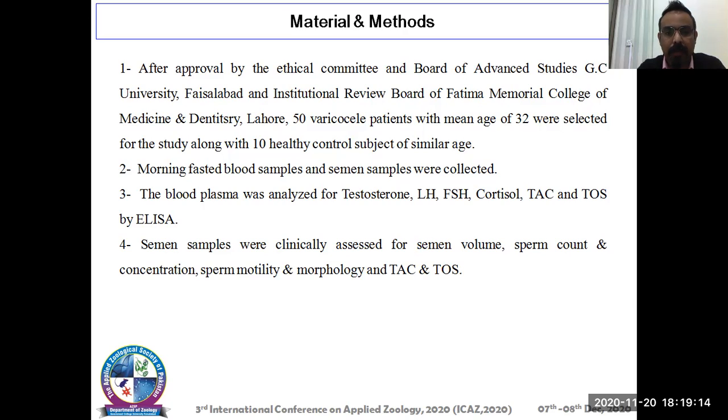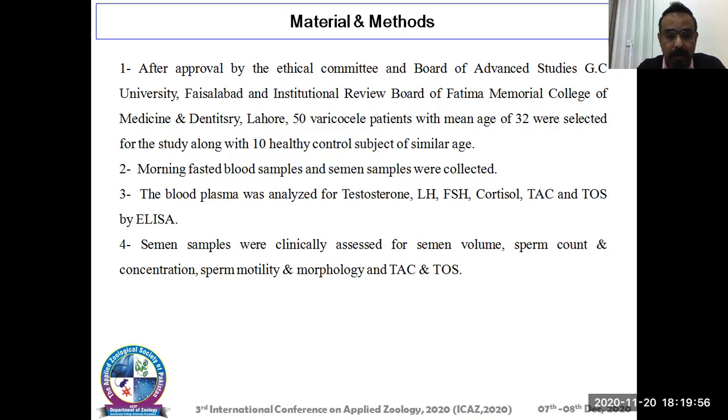Now, these 50 varicocele patients were clinically diagnosed as infertile. So, from these subjects, the blood samples were taken, the serum samples were taken, and the blood plasma was analyzed for testosterone, luteinizing hormone, follicle stimulating hormone, cortisol, and for total antioxidant capacity and for the total oxidative status by ELISA.